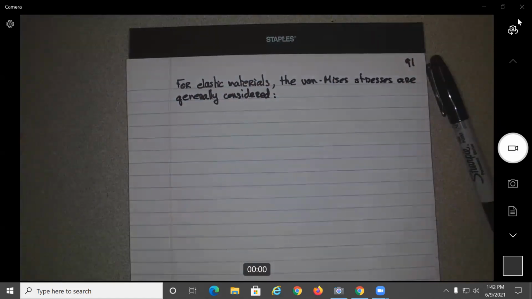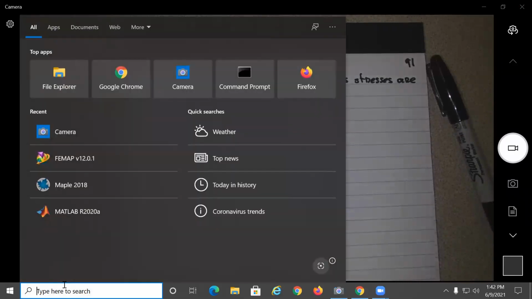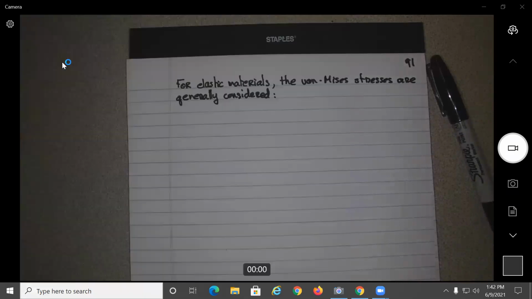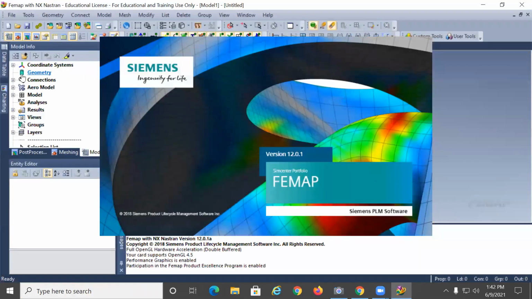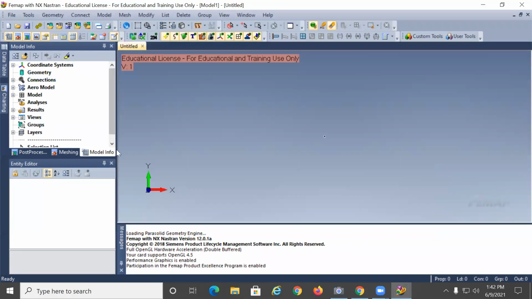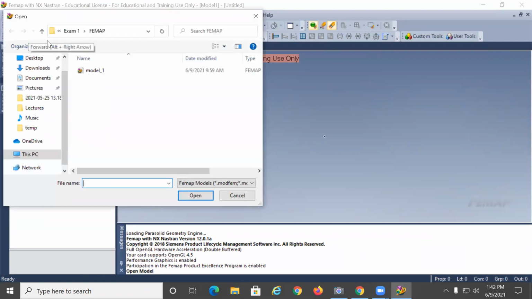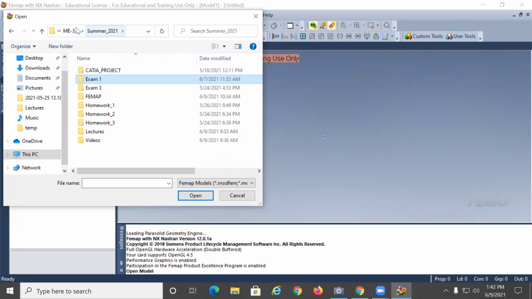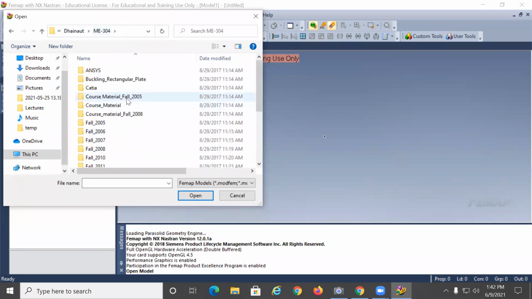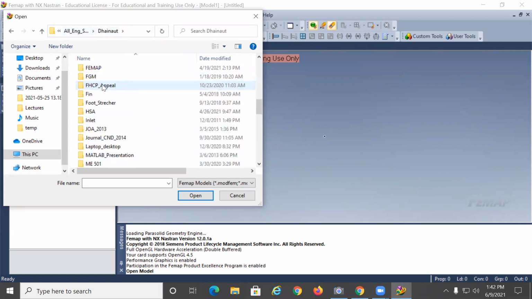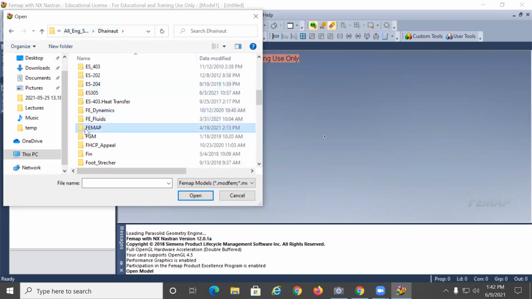Okay, and if you look at, let's see over here, any finite element program... Let me go to something else here. ME400, let's see back here.